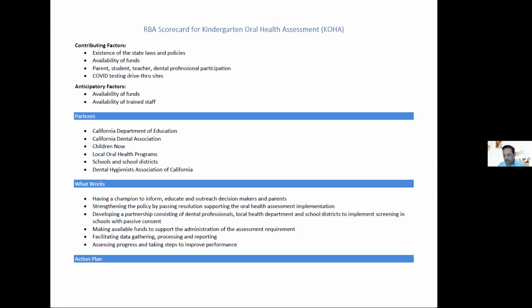I can understand the challenges the schools are facing, but I feel there might be some way of leveraging the Office of Oral Health and maybe the Office of Ed at the state level, and seeing if there might be some way of bringing about some movement in that direction. But that's sort of where we are.